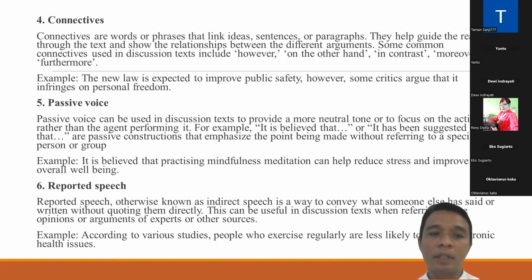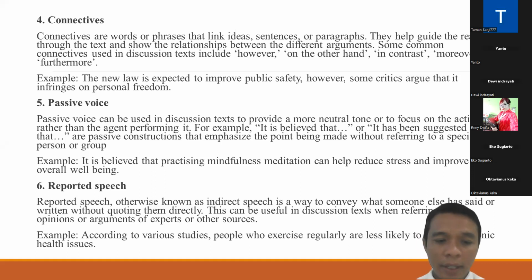Some common connectives used in discussion texts include however, on the other hand, in contrast, moreover, and furthermore. For example, the new law is expected to improve public safety. However, some critics argue that it infringes on personal freedom.